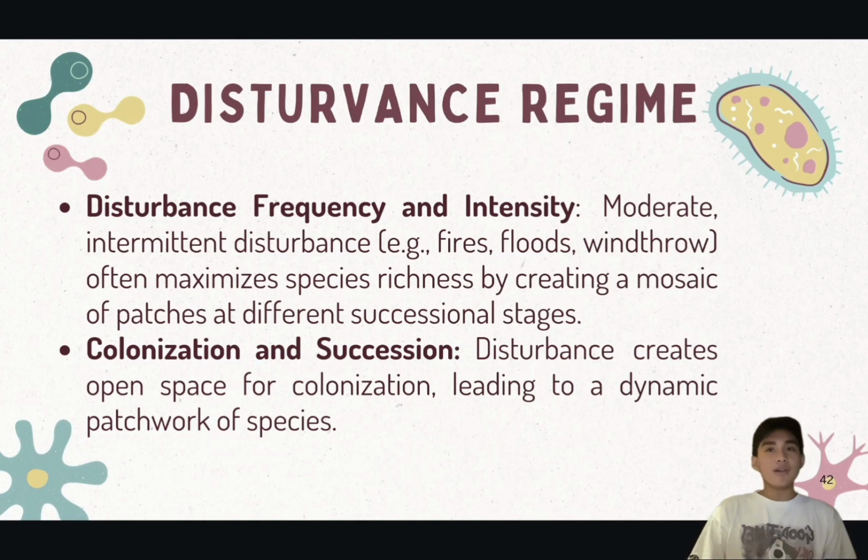The next one is the colonization and succession. Disturbance creates an open space for colonization, leading to a dynamic patchwork of species. So, in this classification naman, it talks about when a disturbance like a storm or fire happens, kini-clear out niya yung space na nag-a-act as an invitation for a new species to move in, na nagre-result to a dynamic patchwork where an ecosystem is always changing and updating itself, and it keeps the community diverse and healthy.